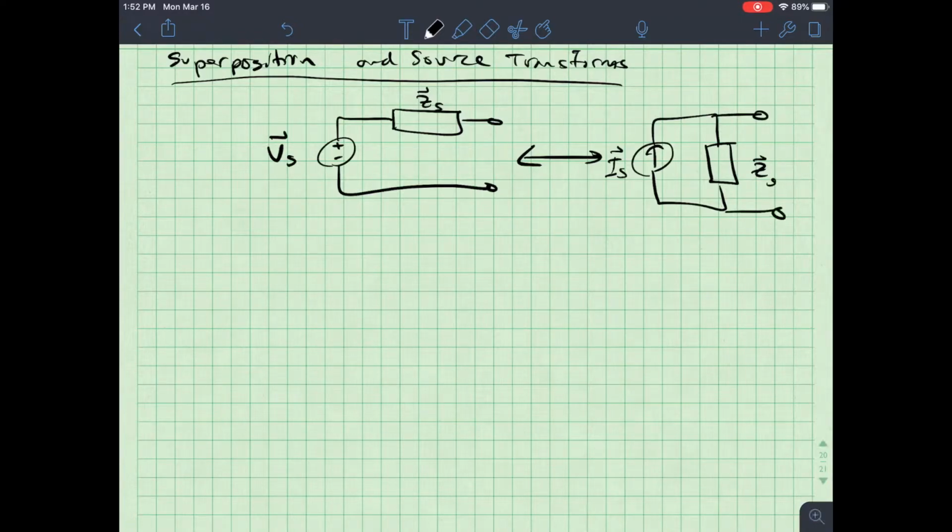And the relationship between these is as such: Vs is equal to Is times Zs, which means that Is is Vs over Zs. I don't know why I keep writing 2's instead of s's there. And I know that Zs is the same in both situations. Alright, so I know that I can use source transforms the same way as I did in DC.